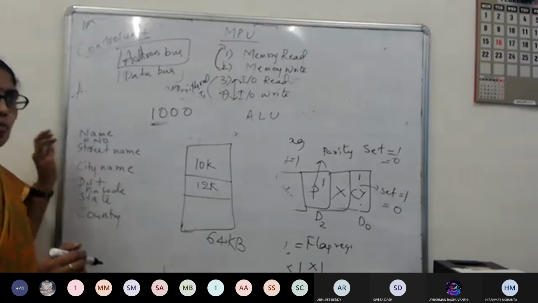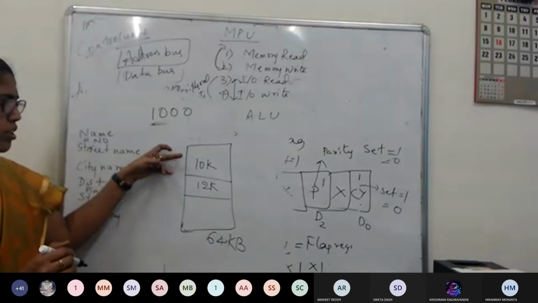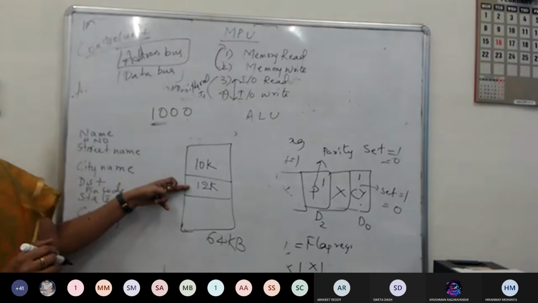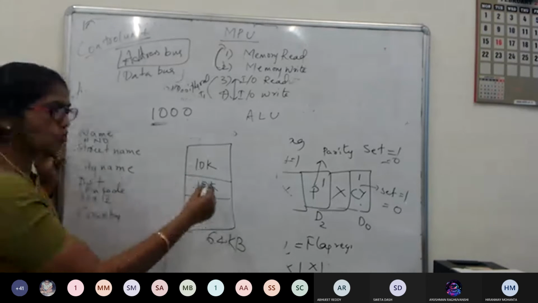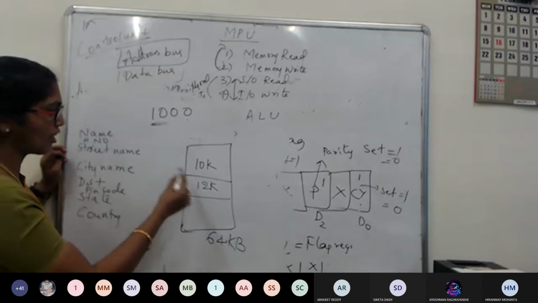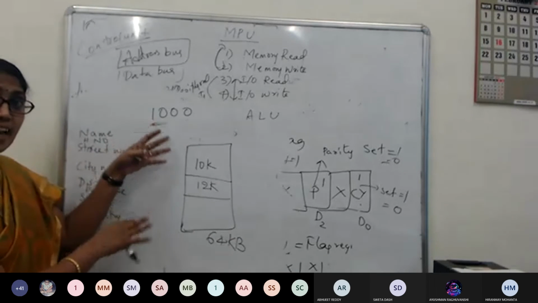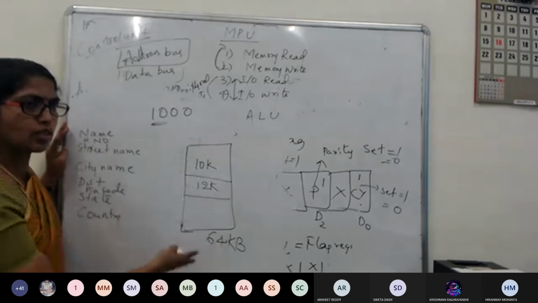12K, for what? This is for the registers we can keep, and this is for counters we can use. For counters to be utilized, or for memory actions, or for peripheral actions, peripheral interfacing, this memory can be utilized. I'm talking about the ROM and the RAM together for the microprocessing unit.